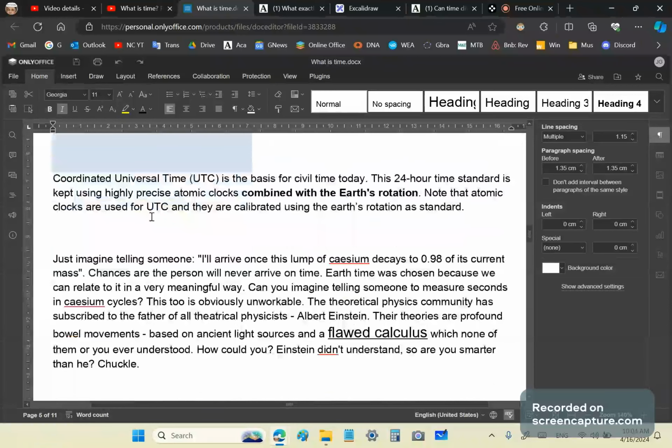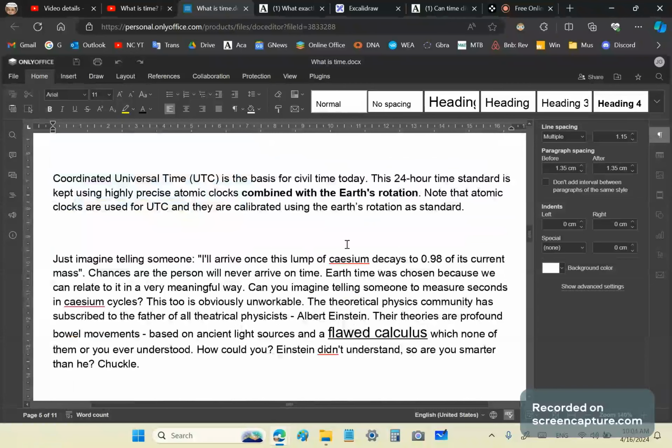Now, coordinated universal time is the basis for civil time today, and this 24-hour time standard is kept using highly precise atomic clocks combined with the Earth's rotation. Okay, note that the atomic clocks are used for UTC and they are calibrated using the Earth's rotation as standard.